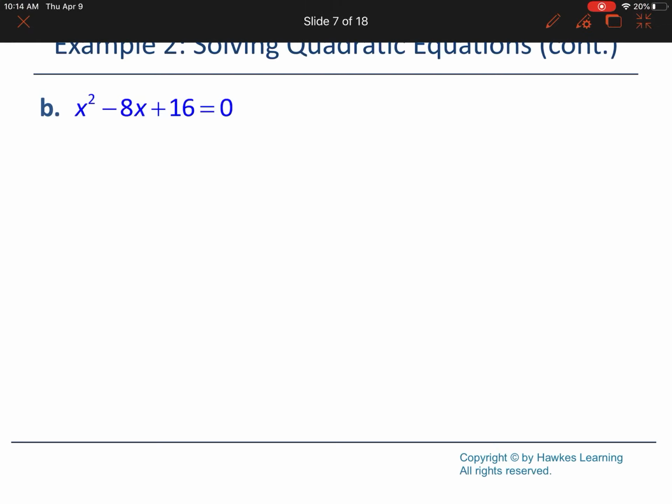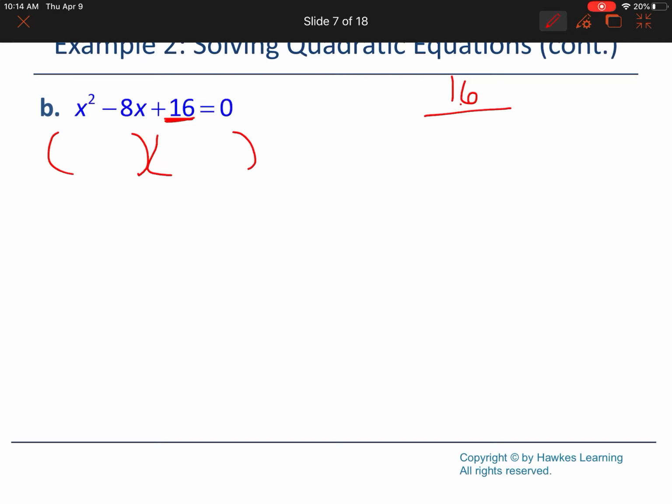All right, so this one starts with an x squared, so when I find my two numbers, I can put them directly into my factors. I'm looking for two numbers that multiply to be 16 and add up to be negative 8. And maybe I should have noticed that this was actually a perfect square, because it is.